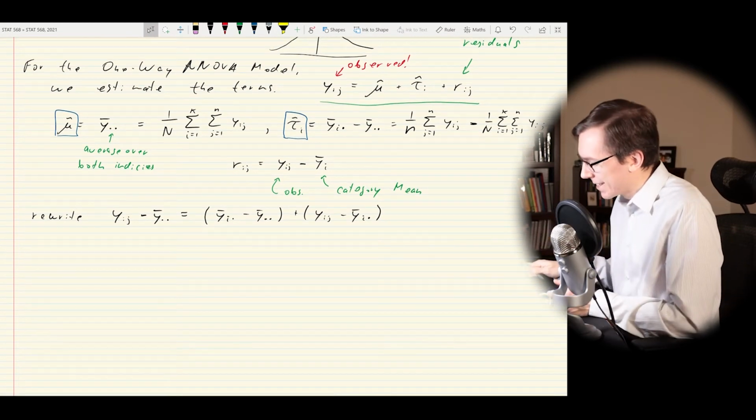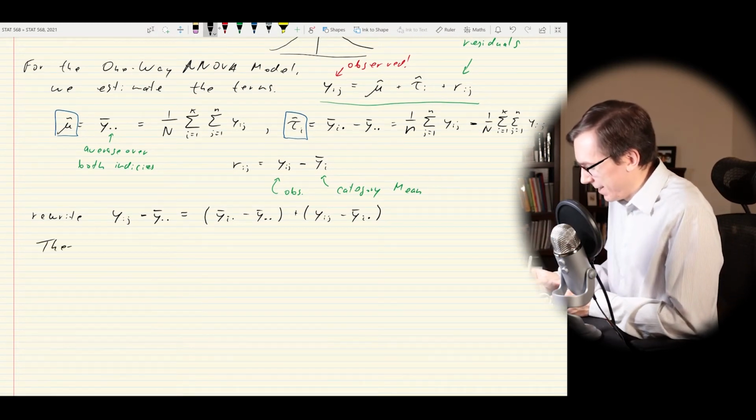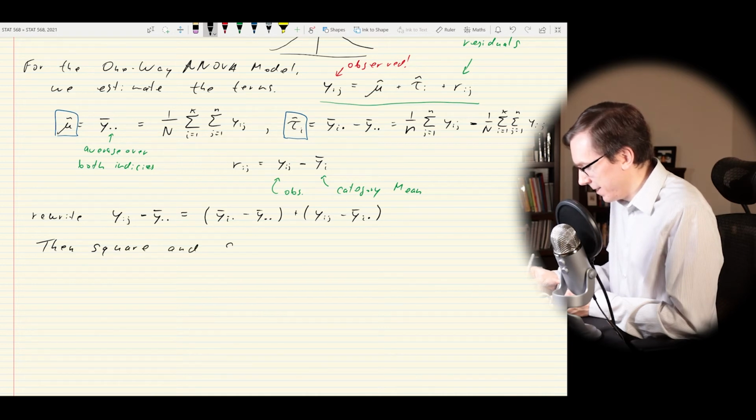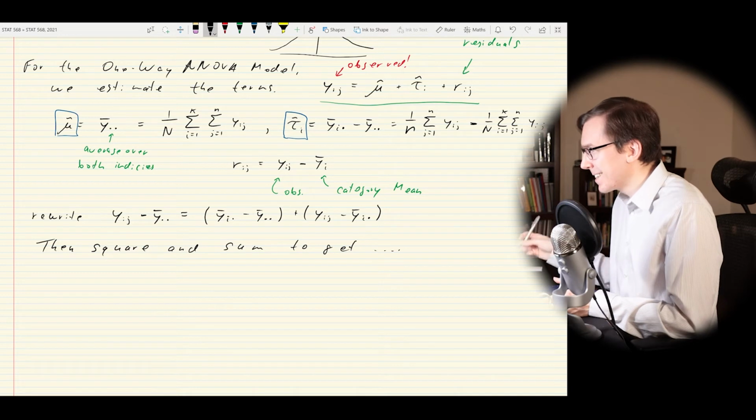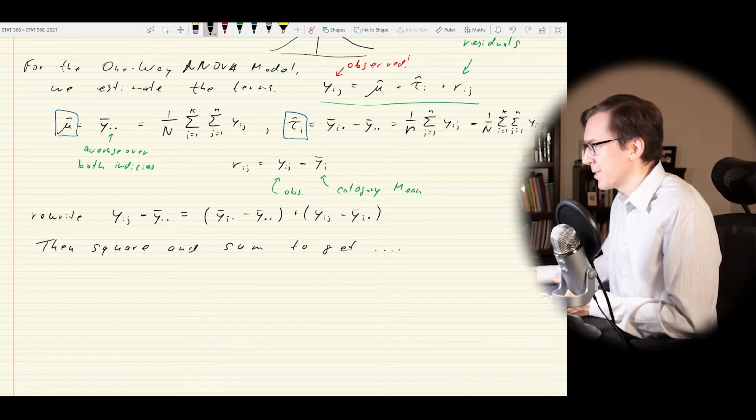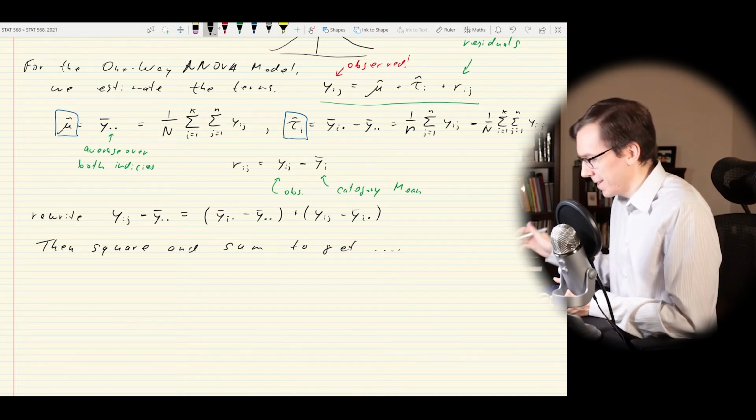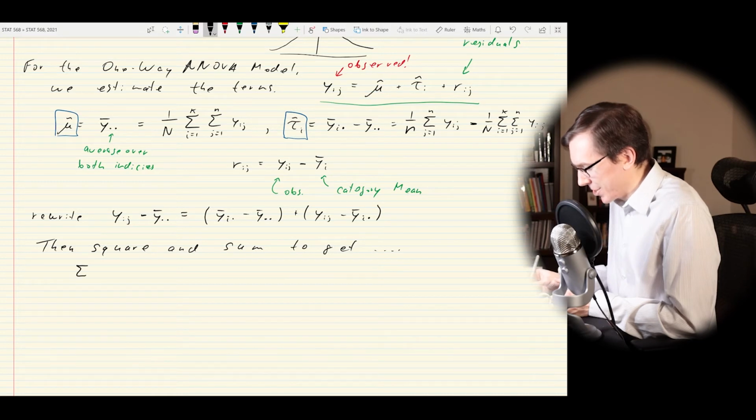So we square and sum to get, dot dot dot. So what do we get? We get our nice sum of squares decomposition.